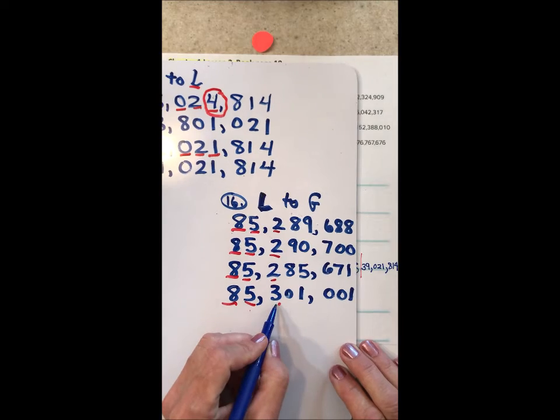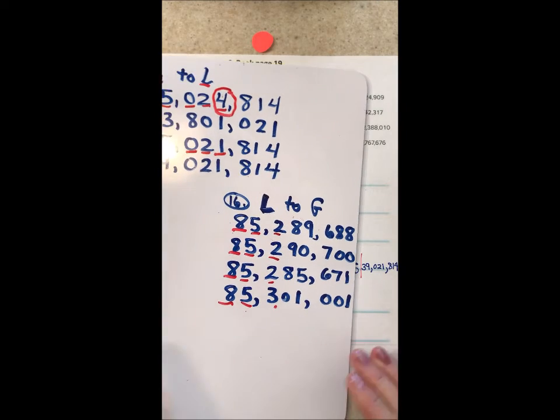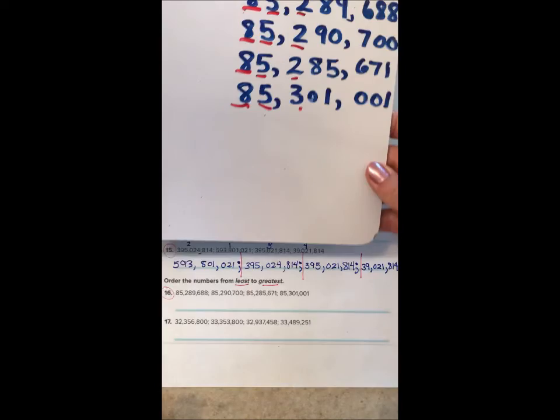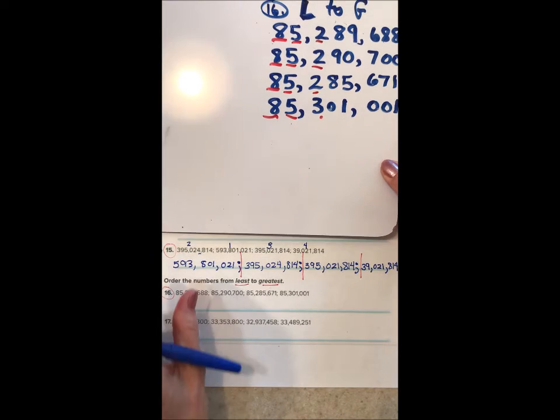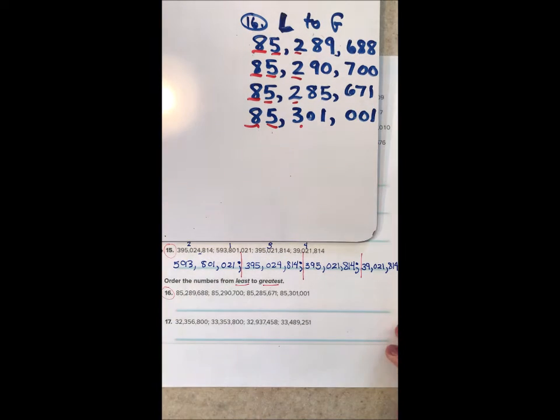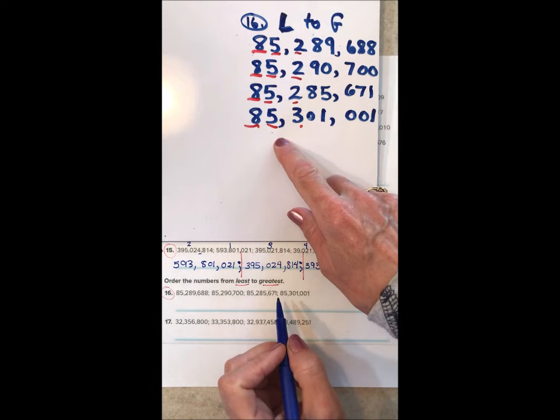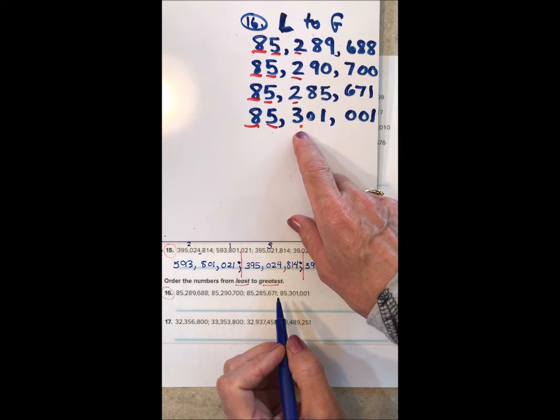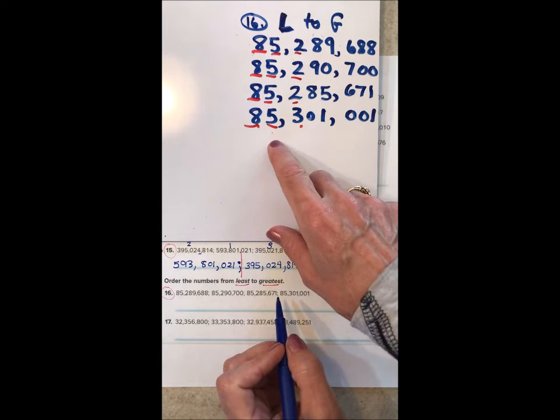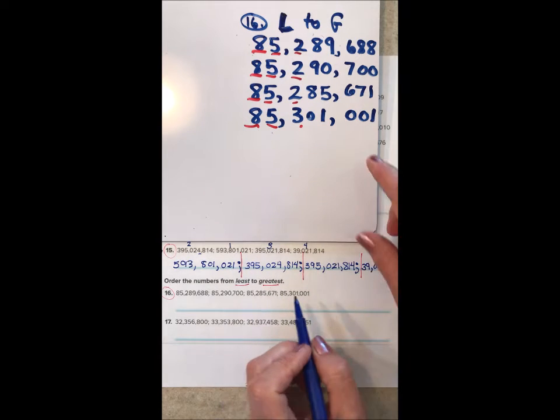Since I found the largest number, I'm going to do a strategy this time where I take that number and write it into my answer space here right away, just so I can then erase it. So the greatest number we found out was 301,001.